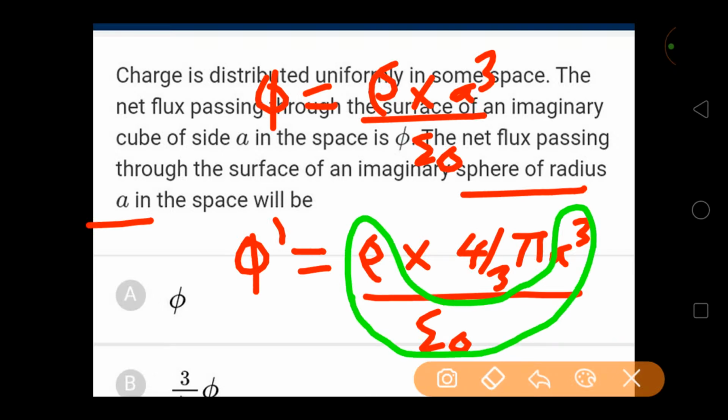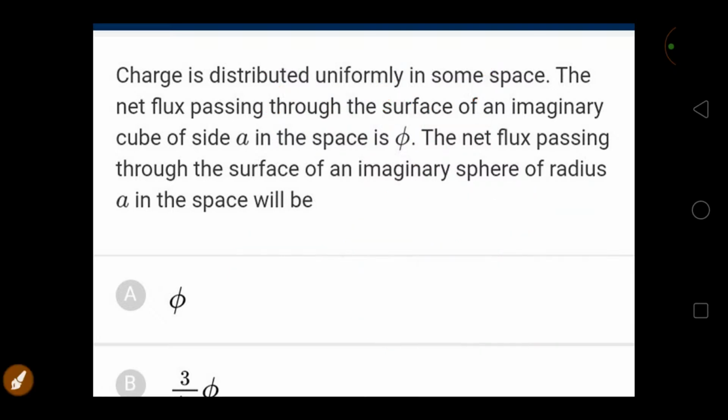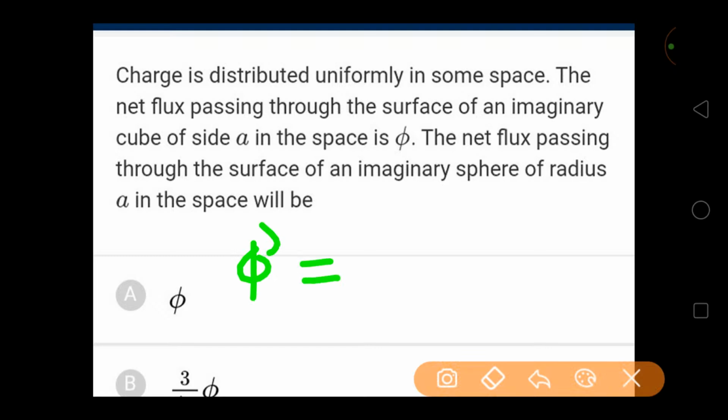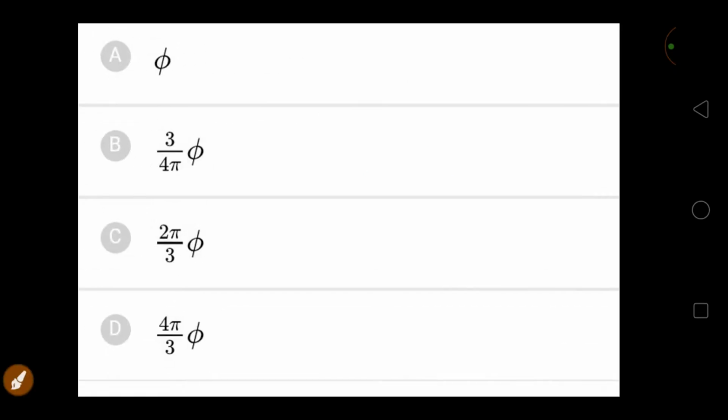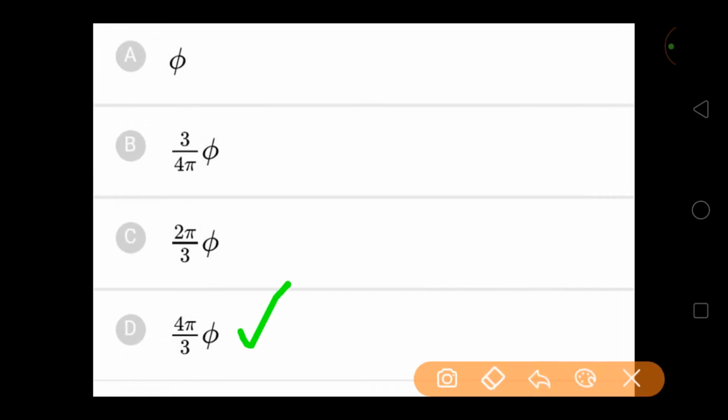And rho a cube by epsilon naught is nothing but phi. Therefore phi dash is 4 by 3 pi phi. So which option to choose? The second one, D.